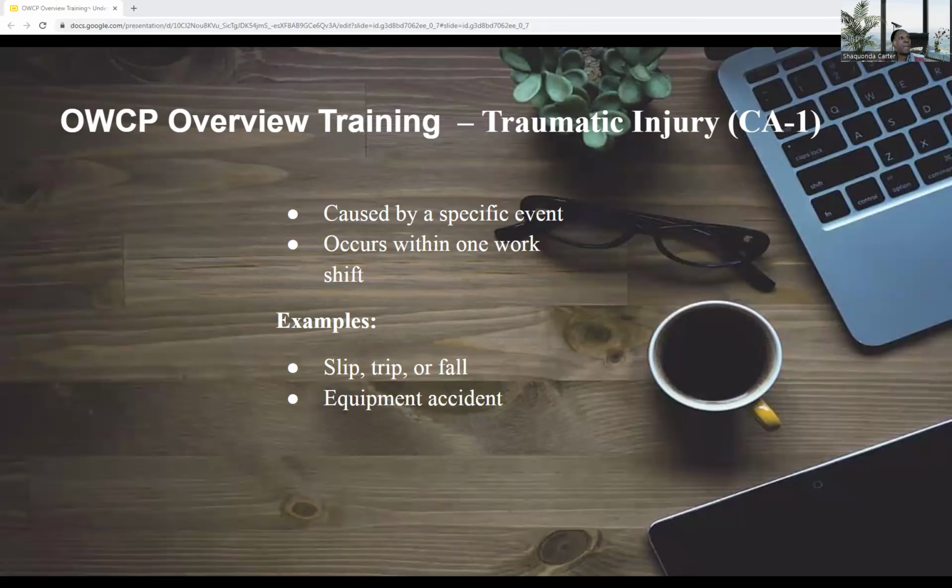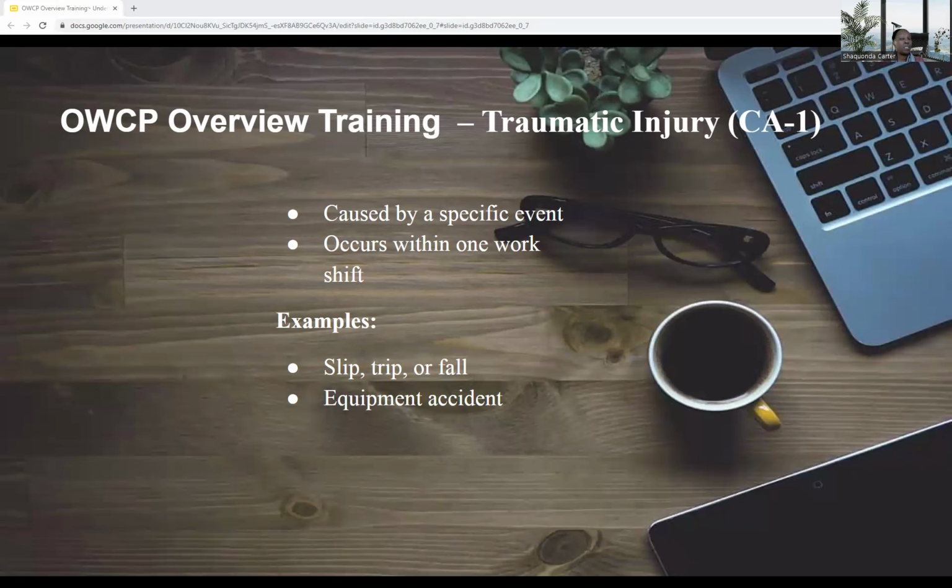So the traumatic injury is filed on Form CA1, and a traumatic injury is something that happens suddenly. It's like a fall or a sudden accident during your shift. It can be caused by a specific event, and again, it has to occur within your work shift.